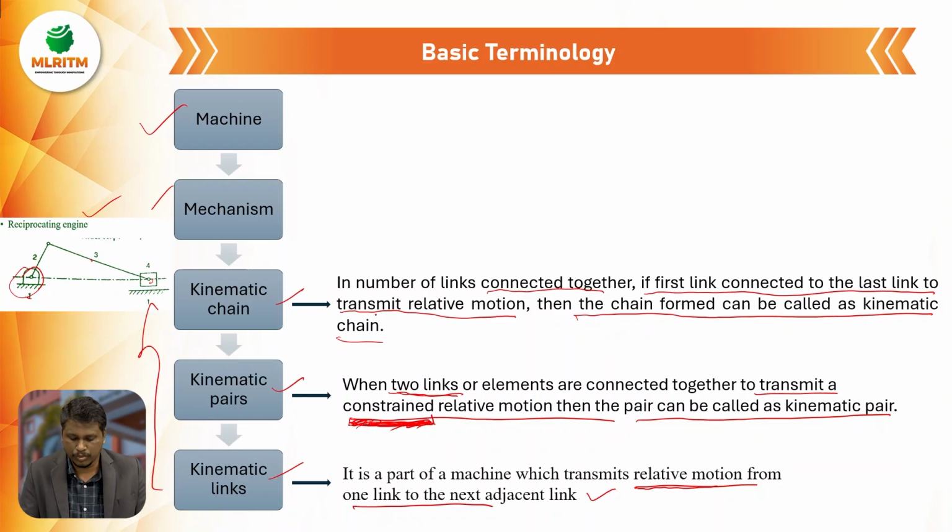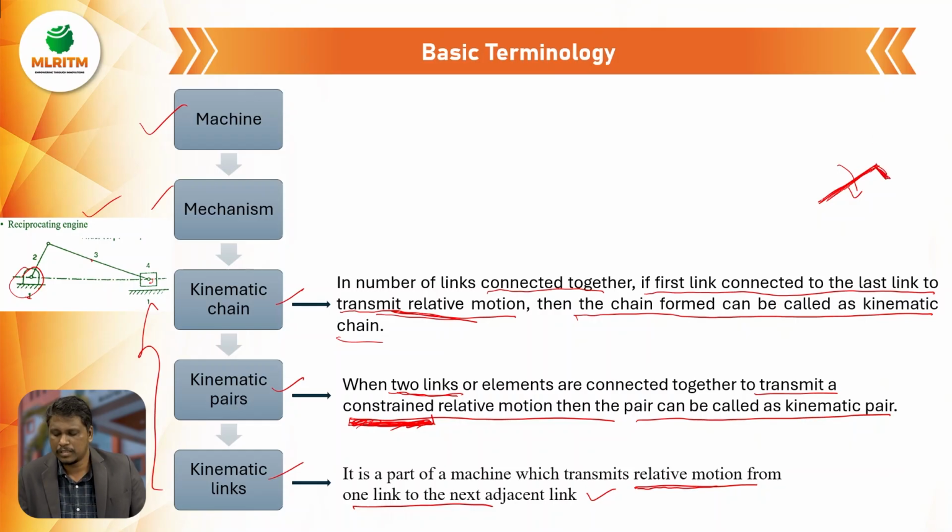That means relative motion. Relative motion is nothing but, if I give some motion or movement to this particular link, it can make some motion, maybe a clockwise rotation, or maybe some acceleration.